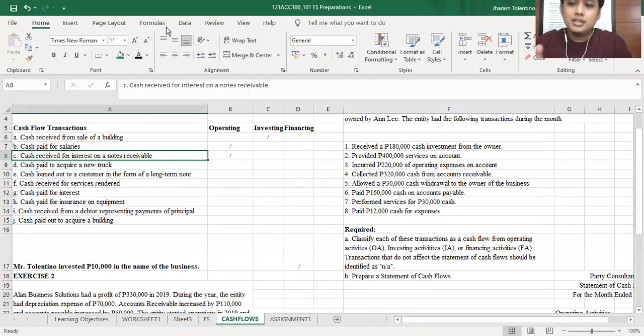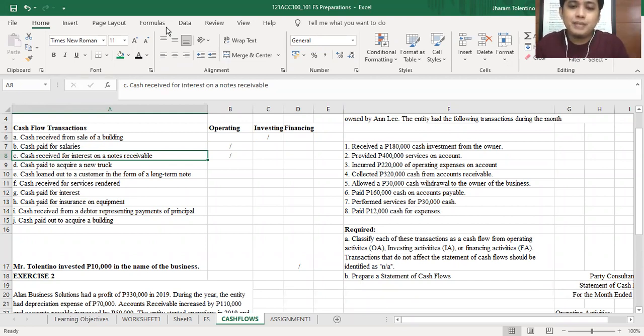Okay, let's go back sa interest. Kung alam mo kung saan siya nanggaling na activities, doon mo siya ilalagay. Halimbawa, yung interest ay nanggaling sa notes receivable that was used in operating activities, then yung cash na nakolekta mo from it, operating activities.